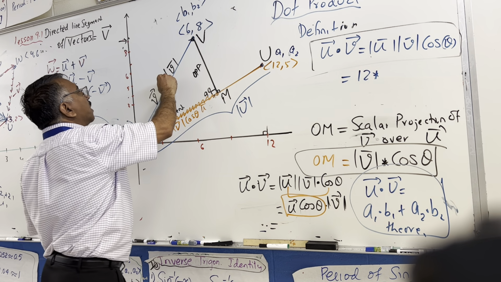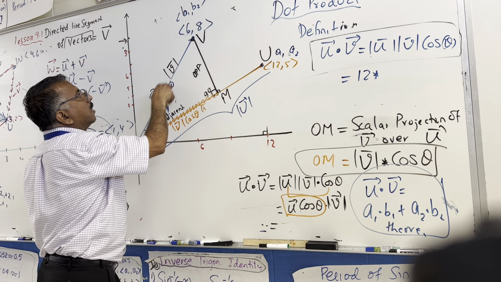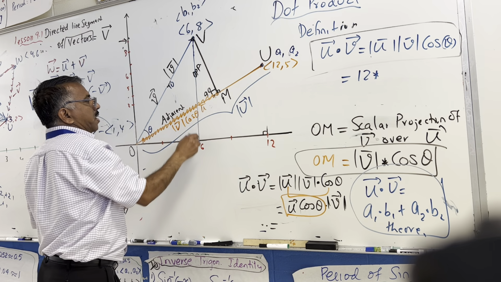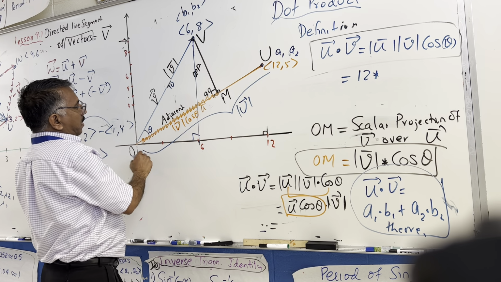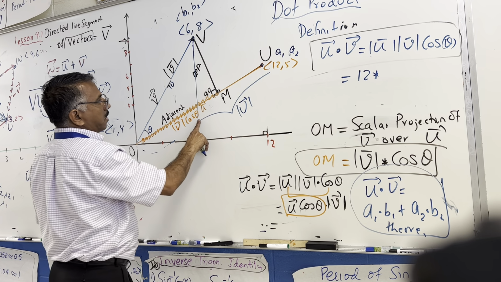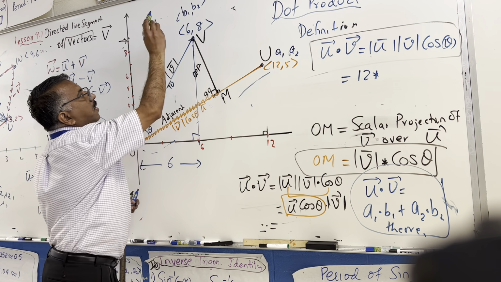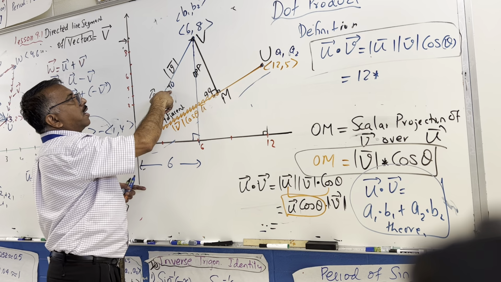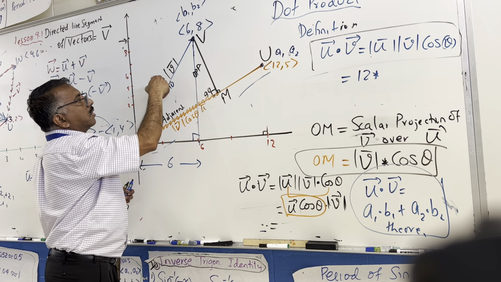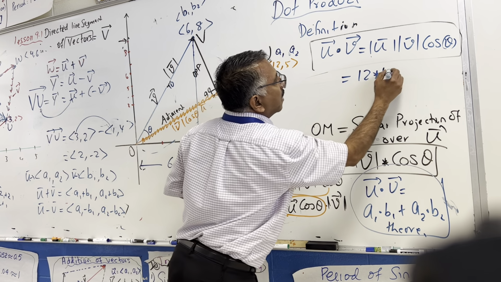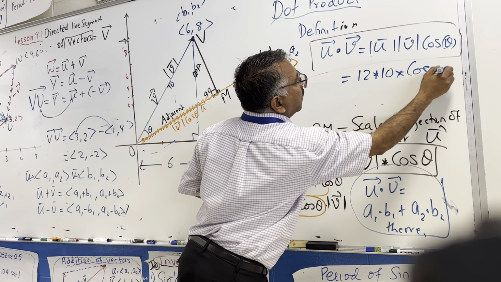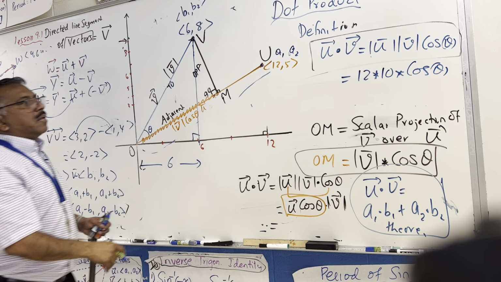Yeah, this was 10, correct? We have already seen that. If I drop a perpendicular, 90 degrees, this is 6, that is 8, so 6, 8 and 10 go together. So v bar is 10. And whatever the cosine of the angle, that's it.